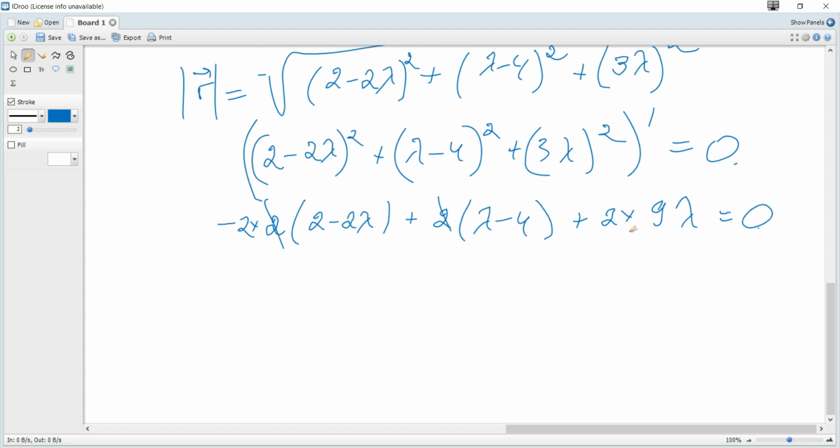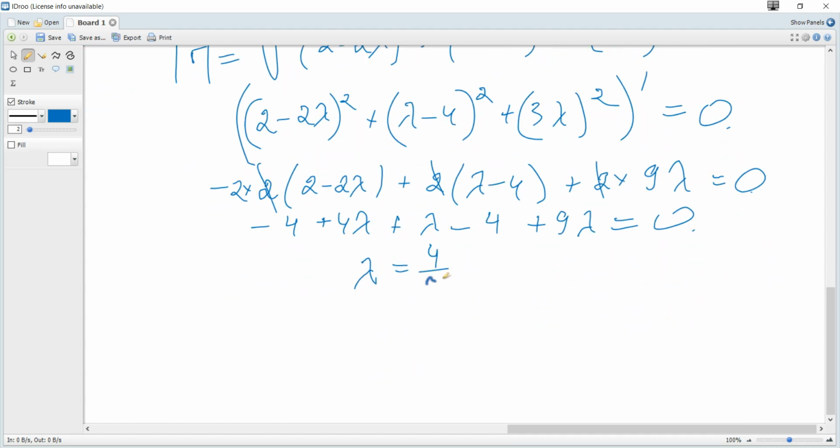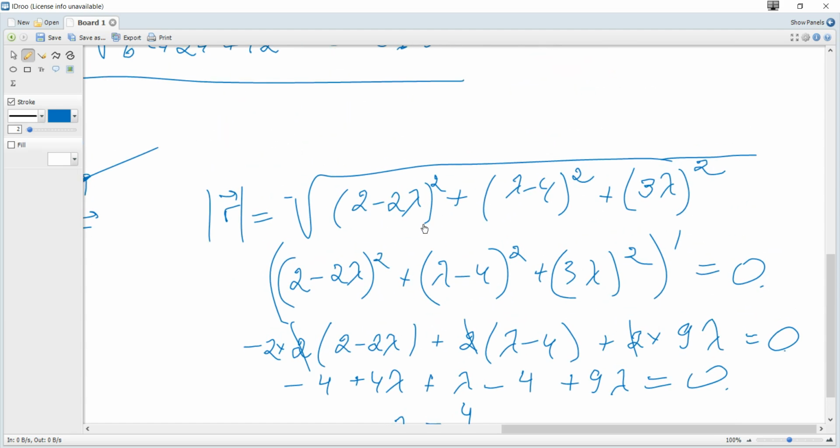Can divide by 2 to get negative 4 plus 4 lambda plus lambda minus 4 plus 9 lambda is 0, and you can see that we get the same value for lambda, which is 8 over 14 or 4 over 7.